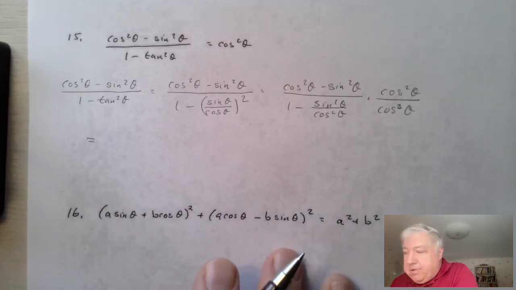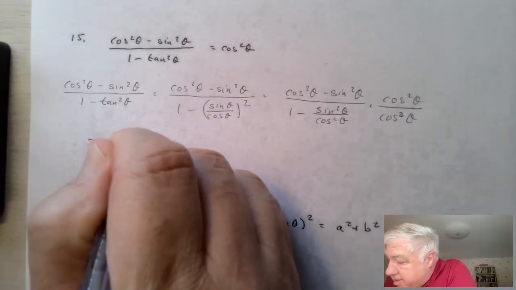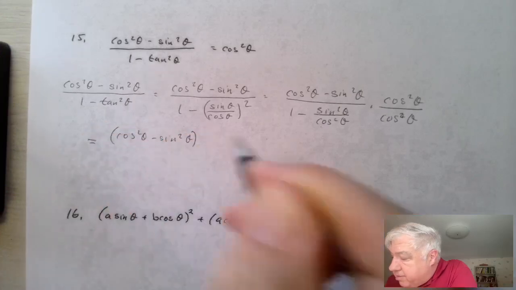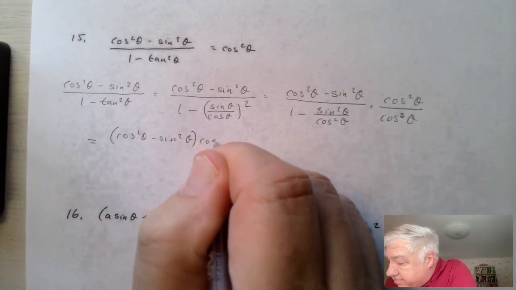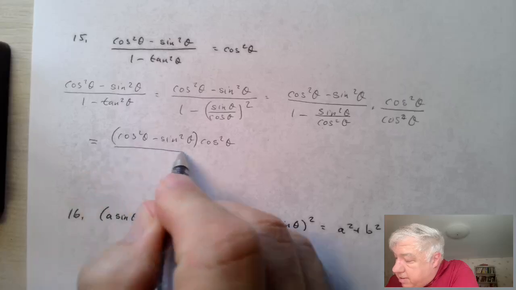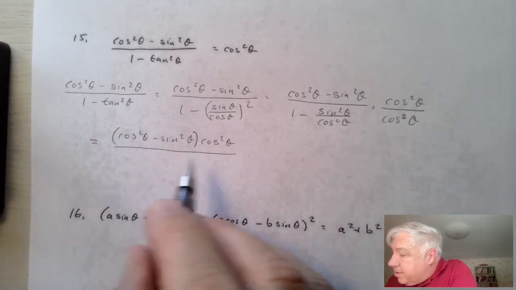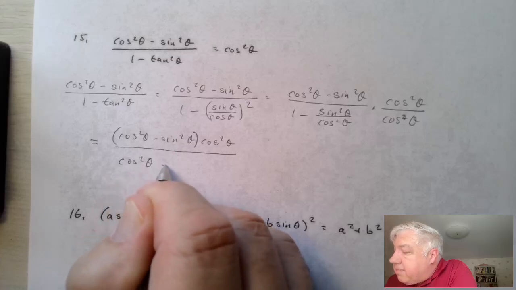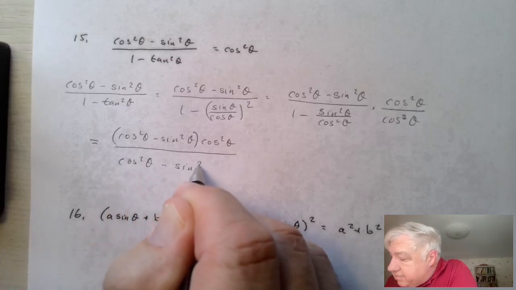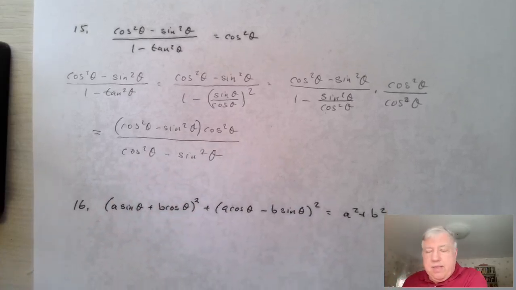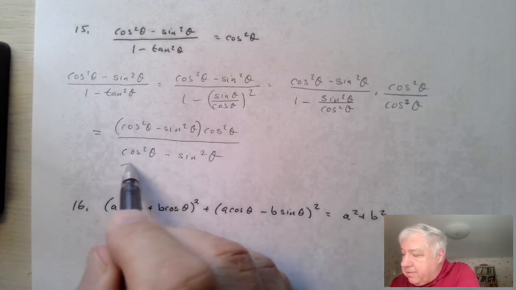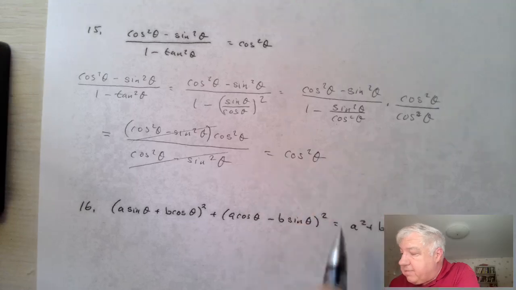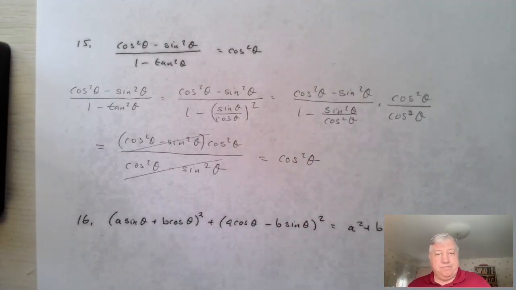So this is going to be cosine squared minus sine squared, in parentheses, times cosine squared. And then over here, if we distribute, we have cosine squared minus sine squared. Okay, and then something very nice happens: these factors cancel, and we just get cosine squared, which is what we wanted.